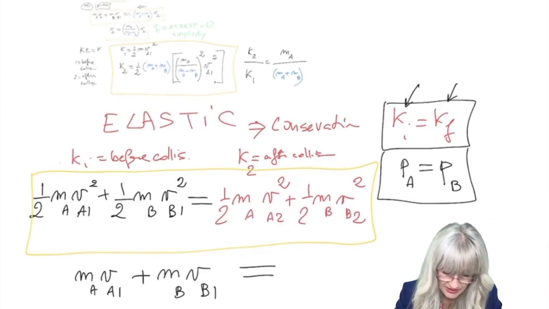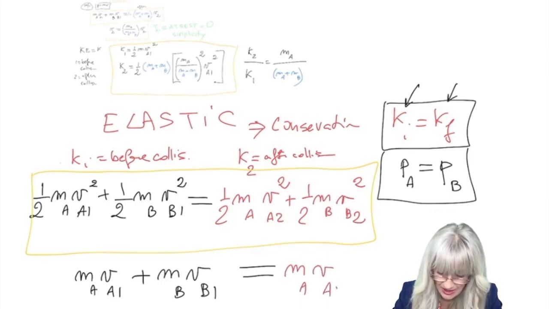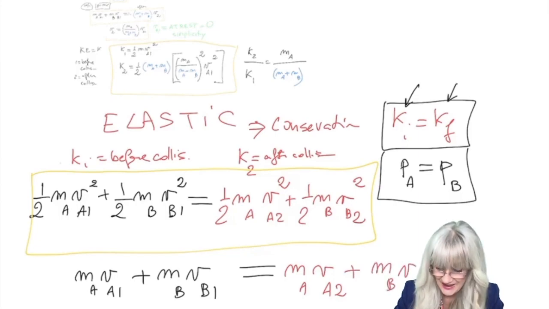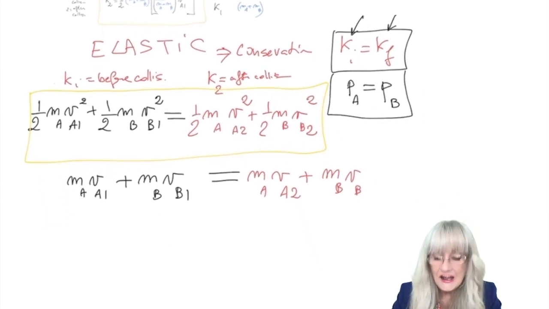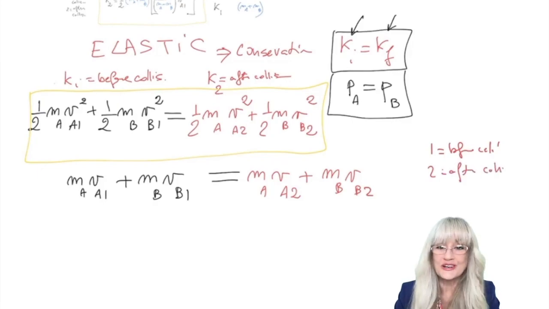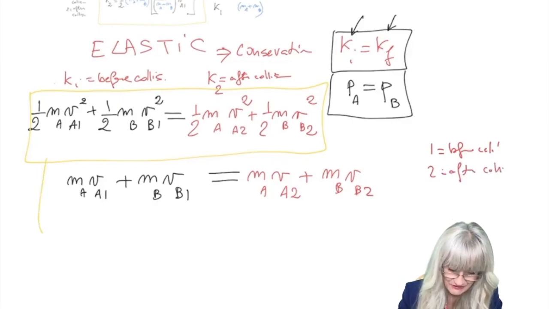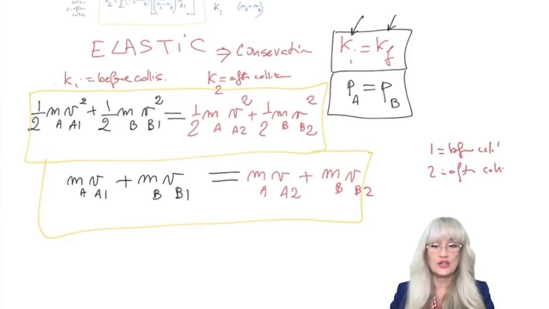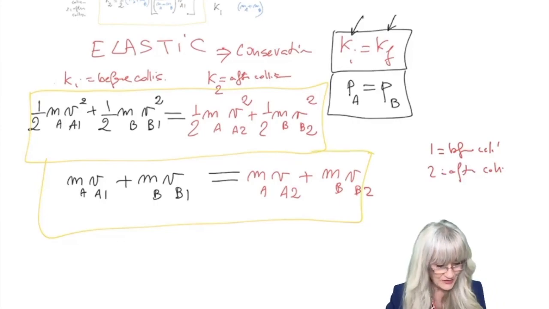So it's going to be exactly the same: mass A, velocity of A after the collision, plus mass B, velocity of B after the collision. Again, 1 is before collision and 2 is after collision. Excellent. Frame this condition for momentum.